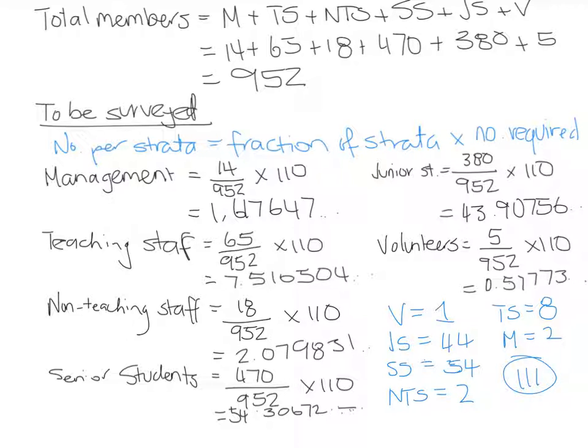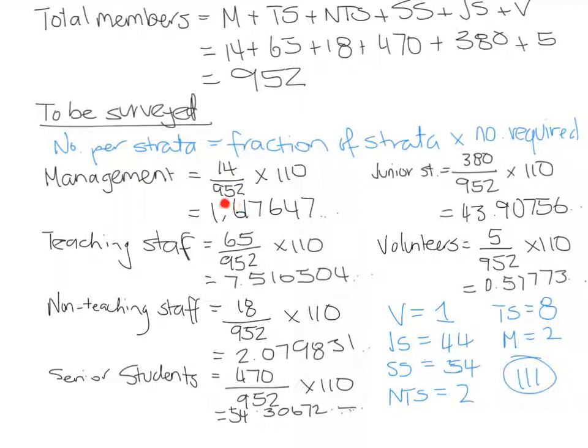To be honest, I look at management and teaching staff maybe. Non-teaching staff at 18 gets 2 people. At 14, 1.6, we'd probably leave that at 2. Our teaching staff, though, 7.5, we could probably leave that one at 7.